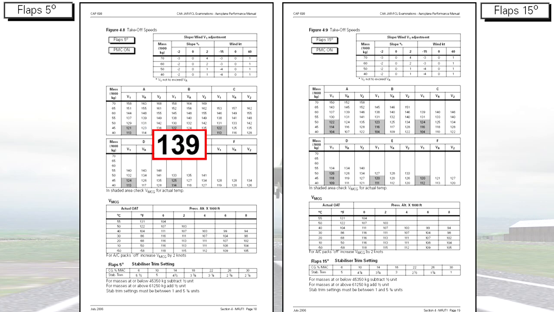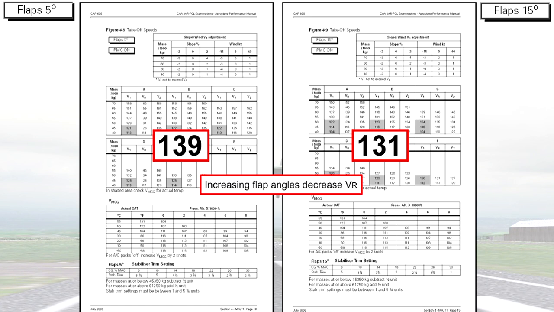On page 18, which is 5 degrees flap, a 55,000 kilogram mass requires a VR speed of 139 knots. But on page 19, which is 15 degree flap, and for the same mass of 55,000 kilograms, the VR speed is now only 131 knots. Therefore, we can see that increasing the flap angle decreases VR.